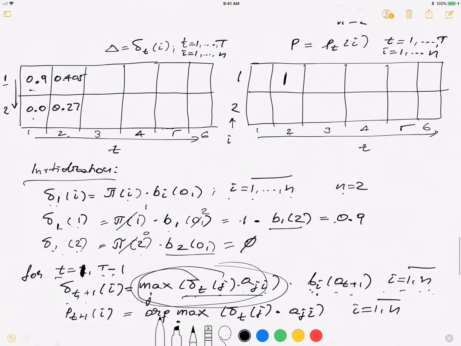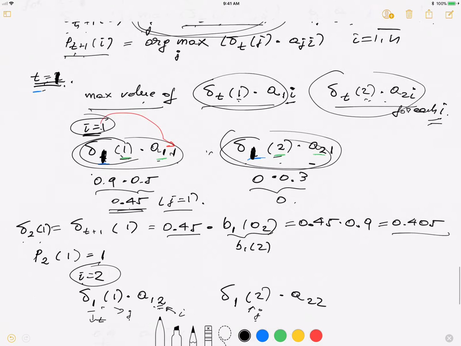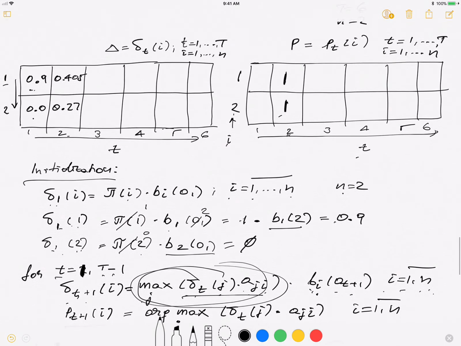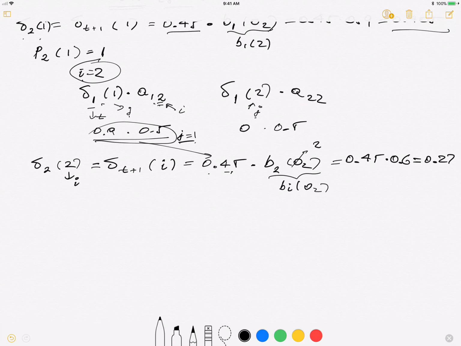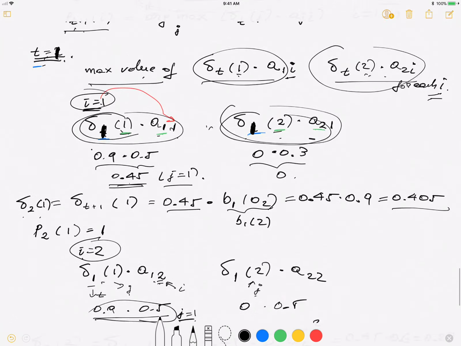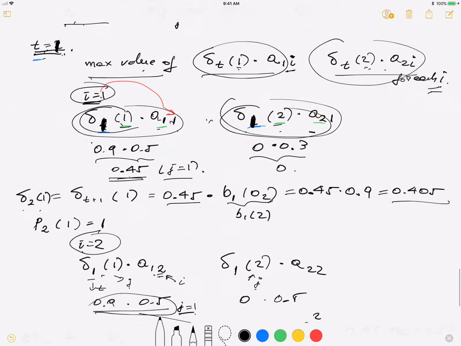So I will put 1 here for I equal 2 and for t equal 2. Now, as you would see very soon, life becomes more interesting. At this moment, I exhausted work for t equal 1, but now t needs to take 2 till big T minus 1, which is 5.